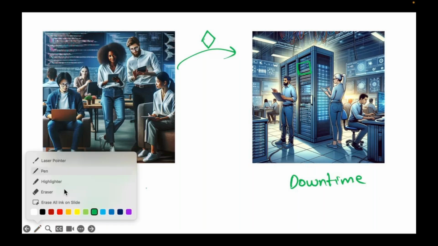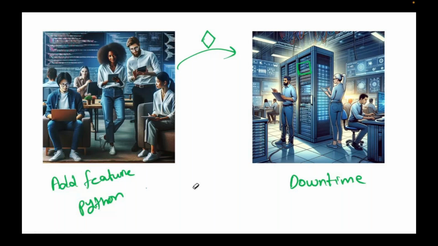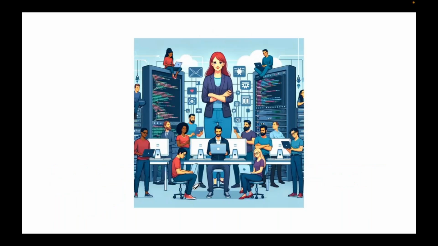To handle this problem, to manage the communication between the developer teams and operational teams, we have the DevOps engineer. A DevOps engineer will act as a mediator between the developers and operational teams.